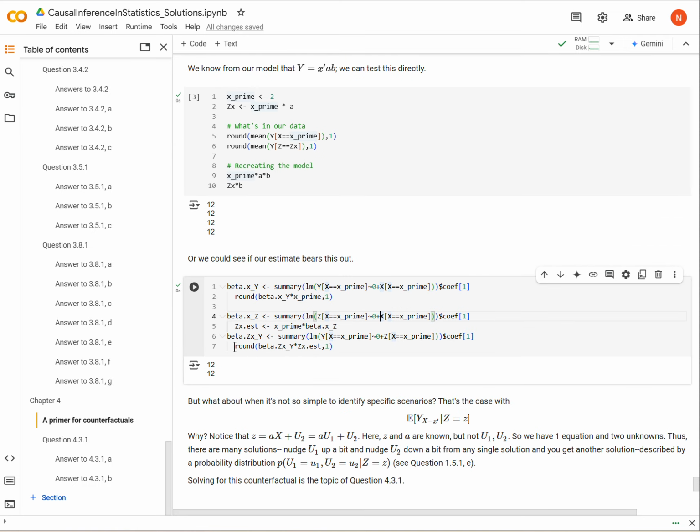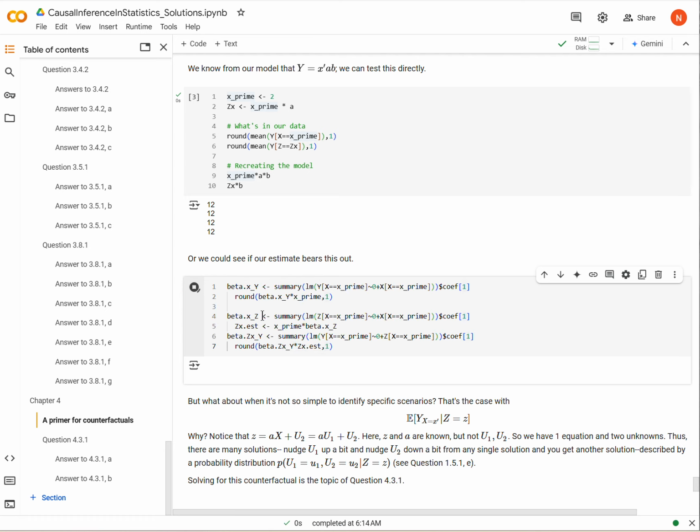Then from the first regression of z on x, we'll get an estimate for z of x. And once we have an estimate for z of x, we will use the parameter from the next regression to multiply by our estimate for z of x and get an answer.